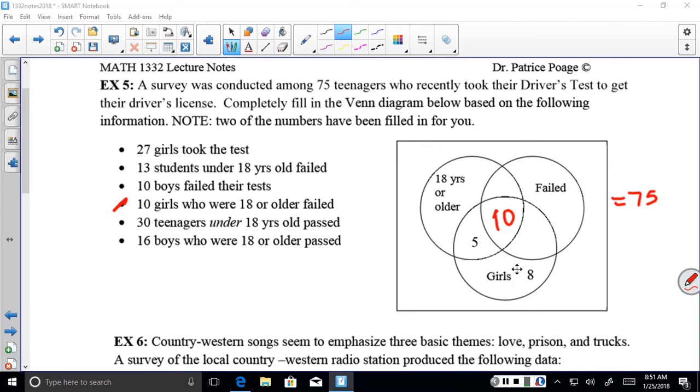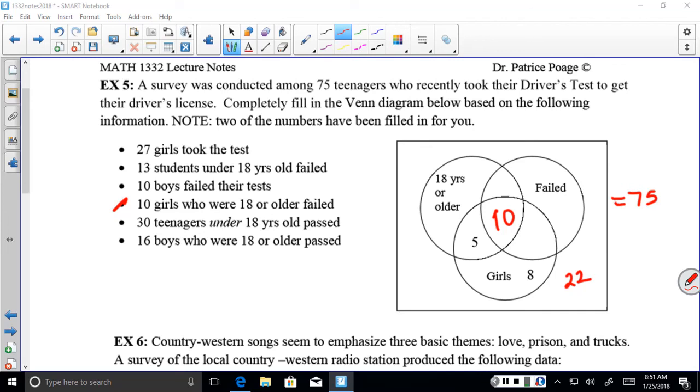So how many are out here? 22. Okay, so stop a second. Who are those 22 people specifically? They passed, they're boys, and they're under 18. So there were 22 boys under the age of 18 who passed.